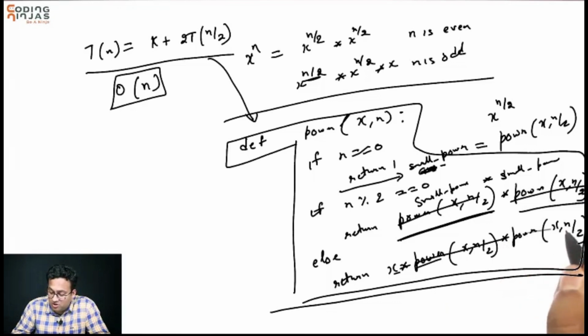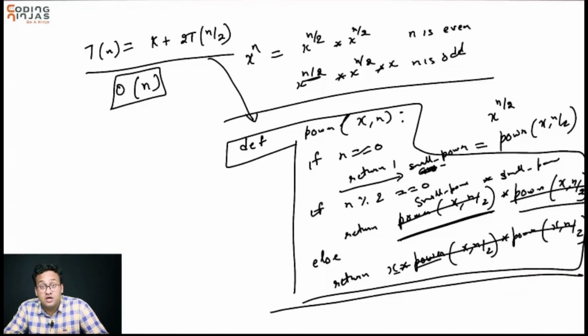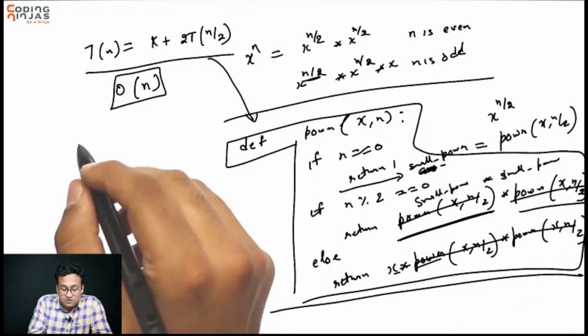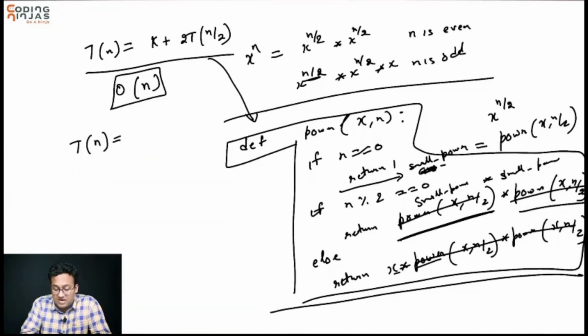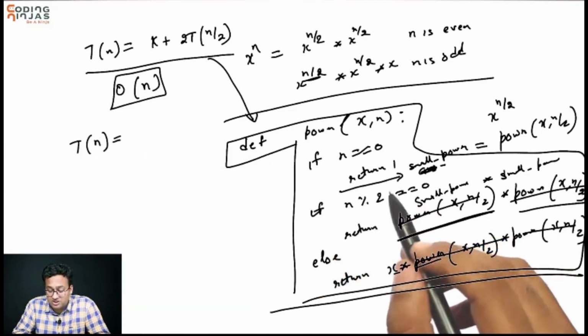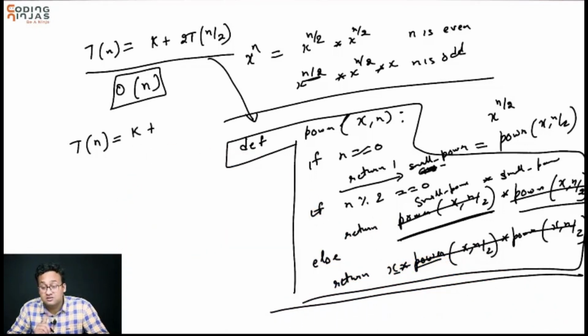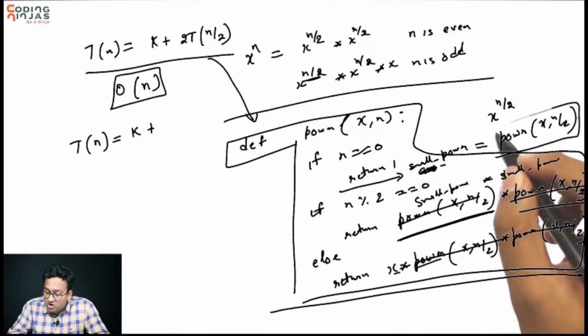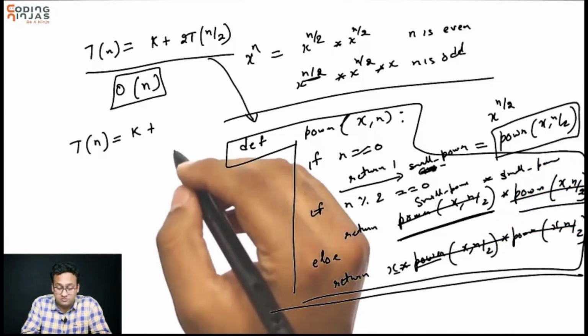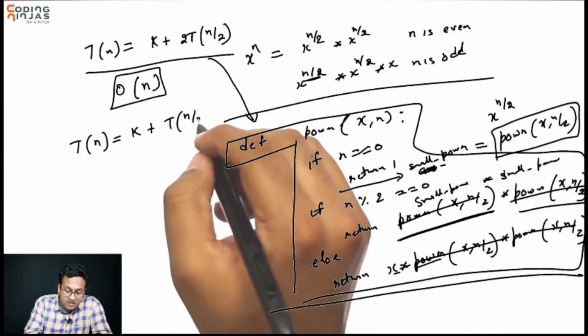Same thing here, small power, small power. Now what you have done is, to solve a problem of size n, I'm doing some constant work, checking this condition, all of this, plus I am making only one call of n by 2 size, T(n/2).